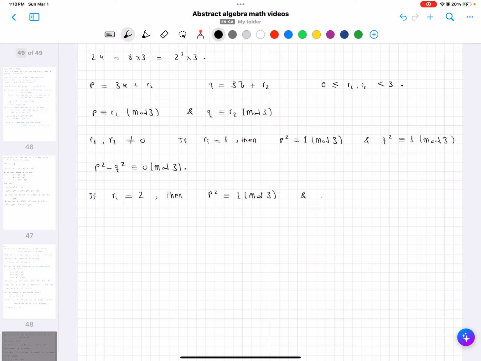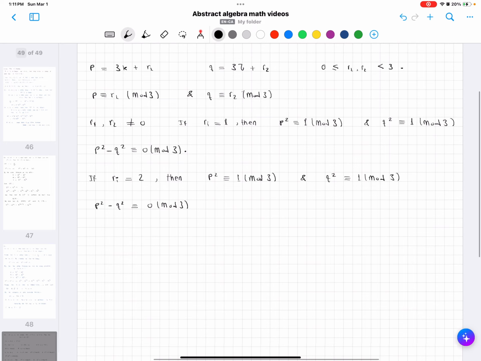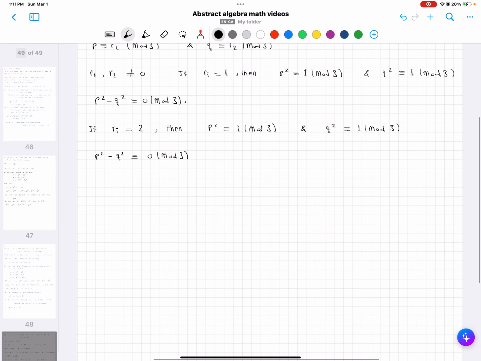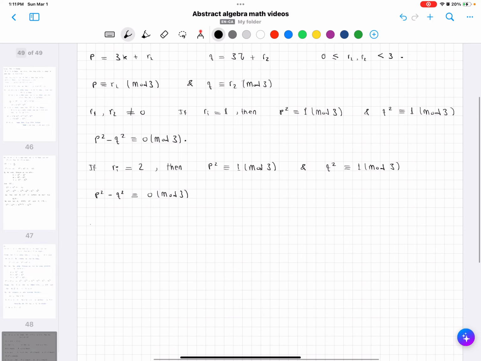And similarly for Q squared, if R2 is equal to 2, then Q squared is also congruent to 1 mod 3. So then we also have P squared minus Q squared is congruent to 0 mod 3. Okay, perfect.